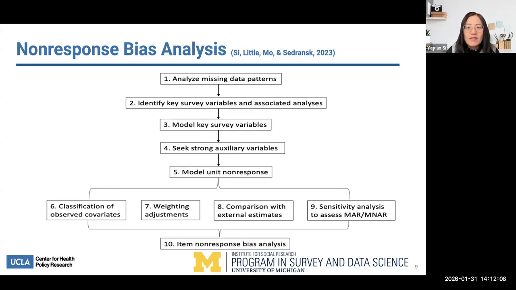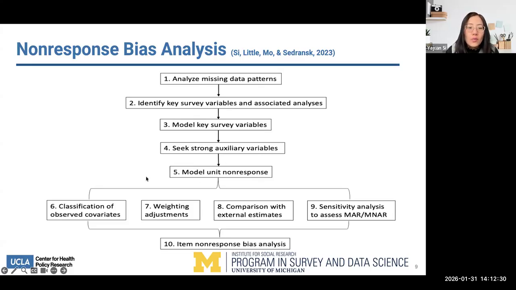Model the key survey variables. Try to select strong auxiliary variables. The auxiliary variables should be highly correlated to the key survey measures and the unit non-response. So we can use them to model the unit non-response.